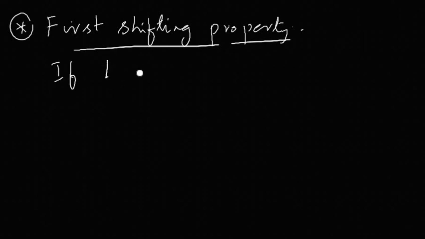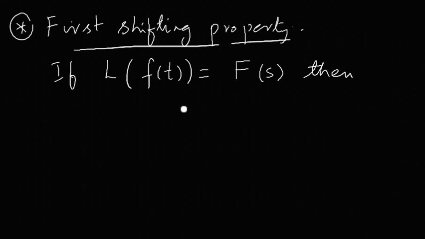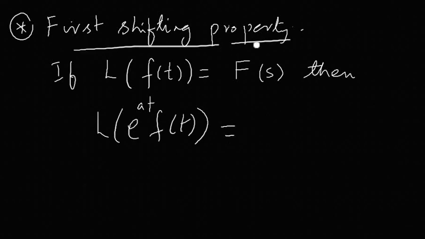If you have the Laplace transform of a function f of t as some function of s, then if this function f of t is multiplied with e to the power of at, the product cannot be separated as L of e power at into L of f of t. That cannot be done. This first shifting property says that in that original transform of f of t, you replace s with s minus a. It is not capital S, it is just a simple small s.